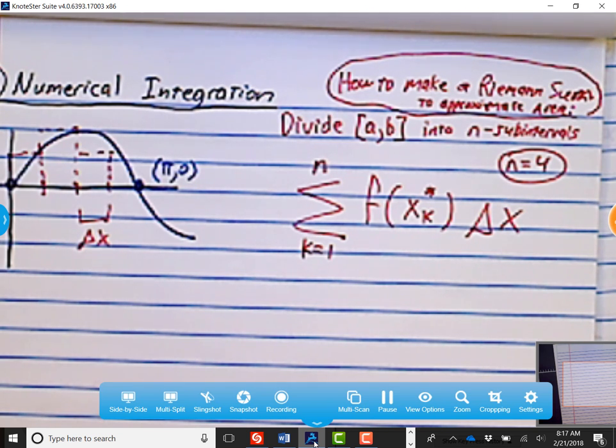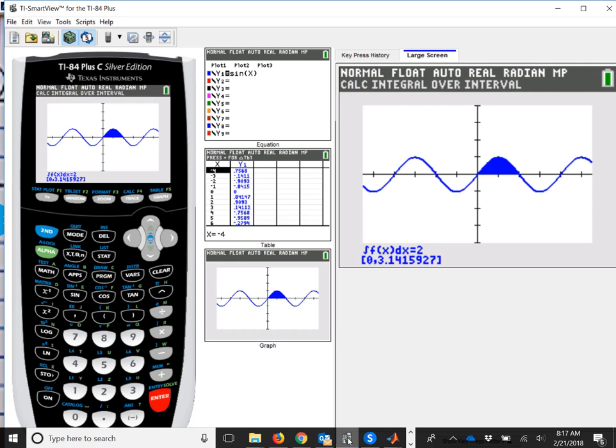Okay, so here's what I want to do. I want to ask you, how does the calculator compute this answer to be 2? I think when we do it the first day of class we get like 1.7, and then we do it with 6 and we get 1.9.